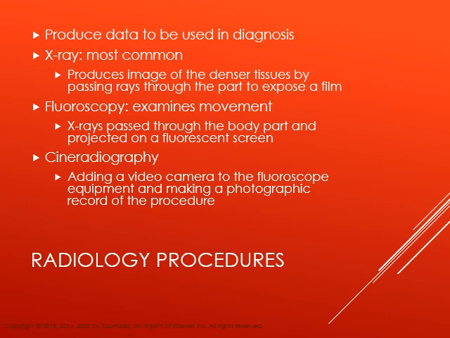An additional radiology procedure is referred to as fluoroscopy. This examines movement. And another one is called radiography. This procedure is adding a video camera to the fluoroscope equipment and making a photographic record of the procedure.